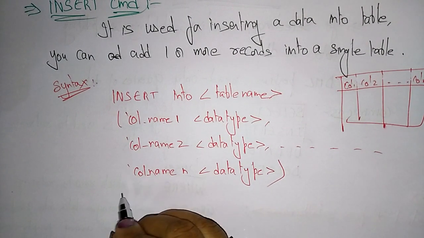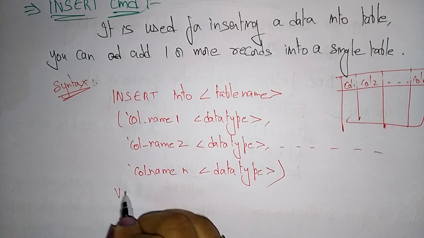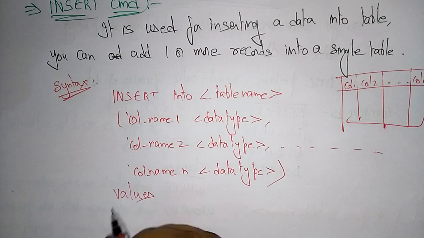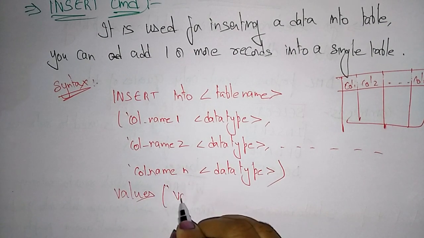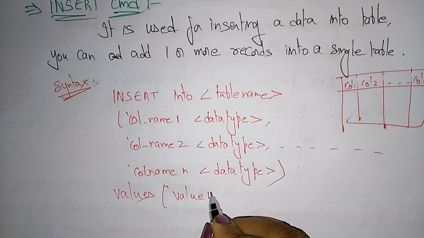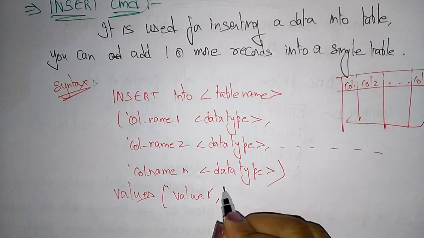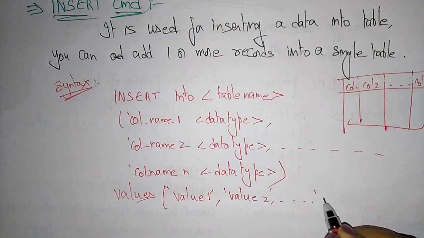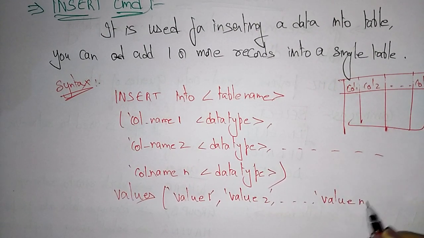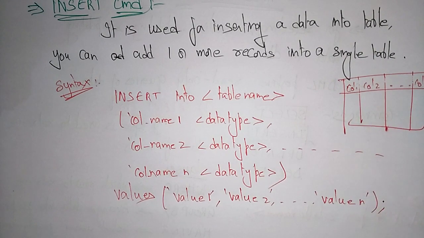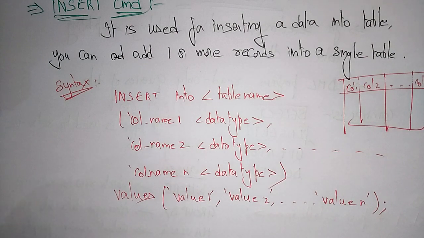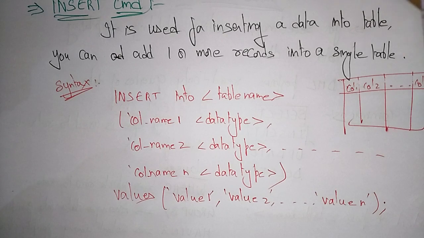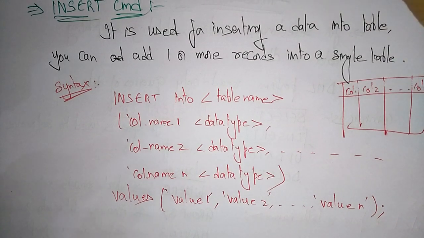Now I want to insert values into those columns. Values: you have to mention value 1, value 2, up to value n. So this is about the insert command syntax. You are inserting values into that particular record, that particular table.